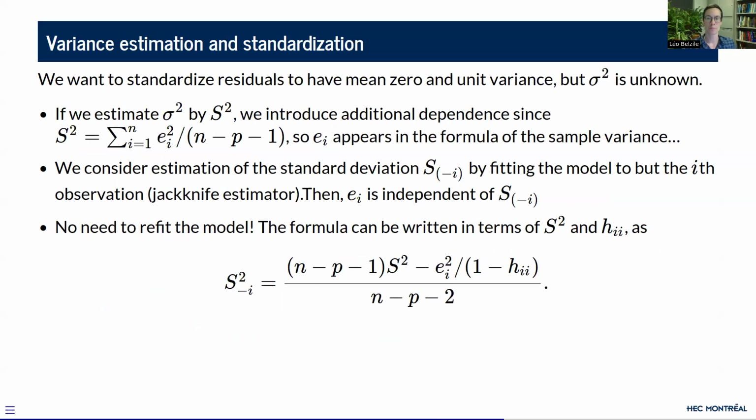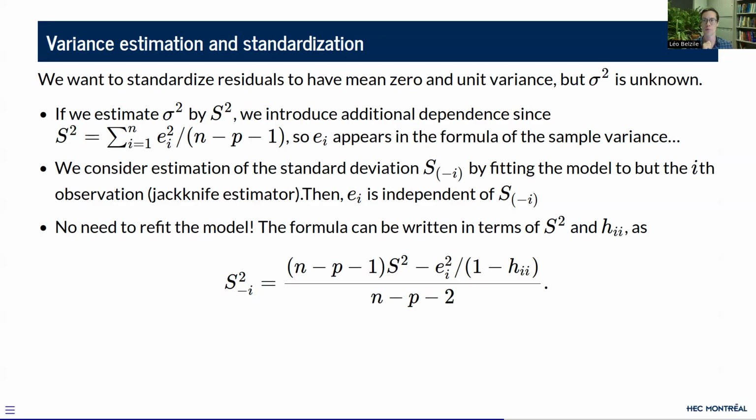So I want to standardize my residual to have mean zero and unit variance. The mean is easy because the theoretical mean is zero, so I'm not going to do anything about it. The formula says that the variance is sigma squared times (1 minus h_ii). h_ii I know, that's just a function of my model matrix, but sigma squared I have to estimate. Normally, what do we do? Well, we compute s squared, right? s squared is the sum of squared errors divided by the number of observations minus the number of parameters.